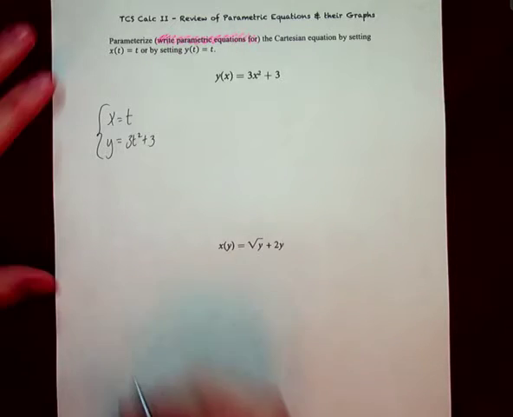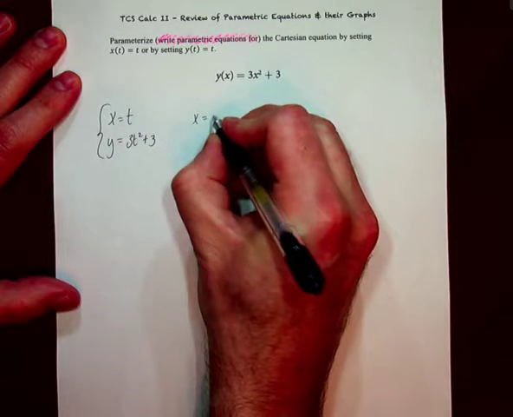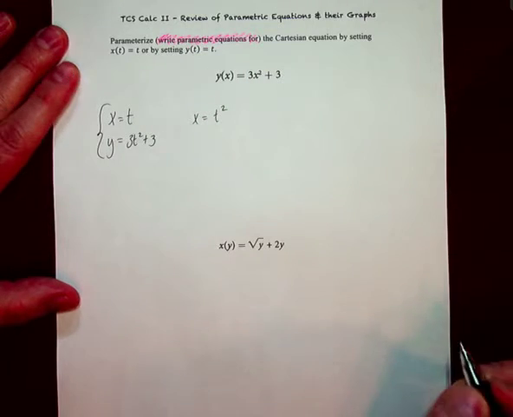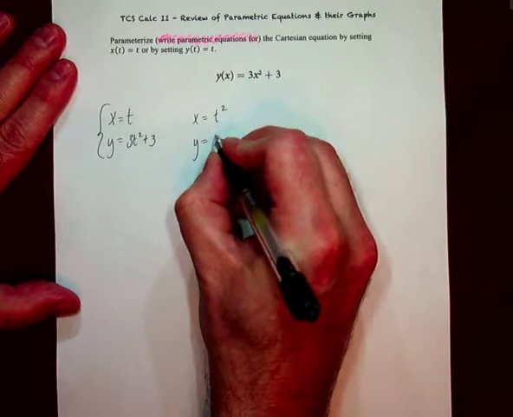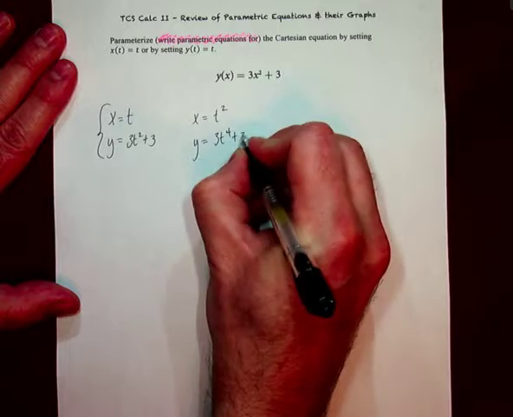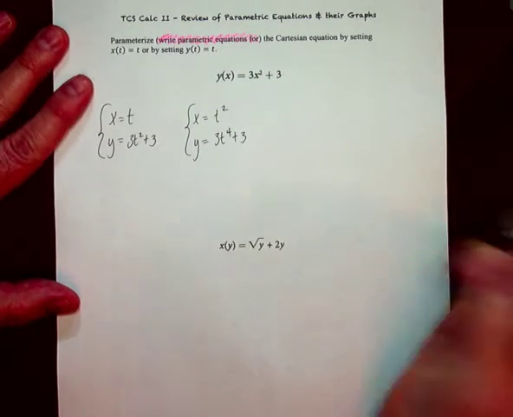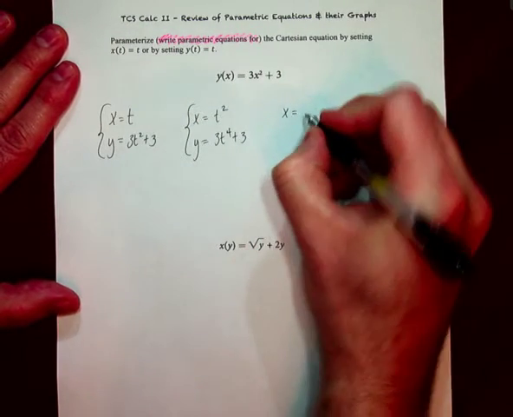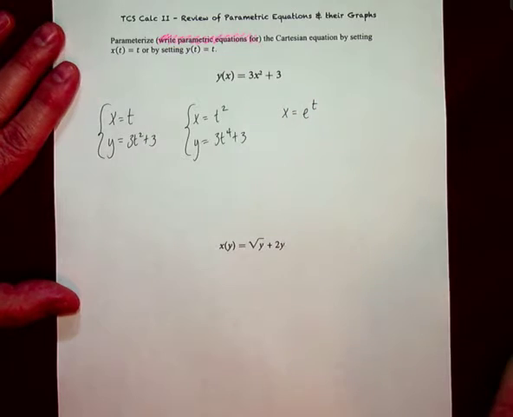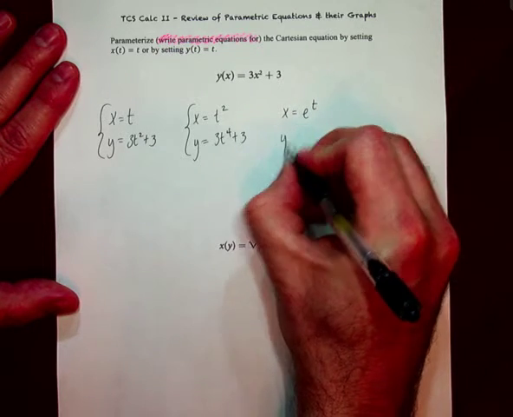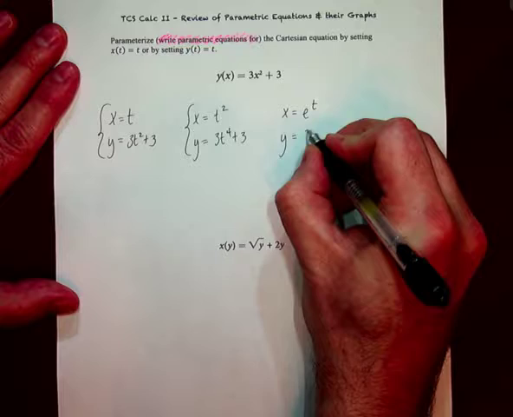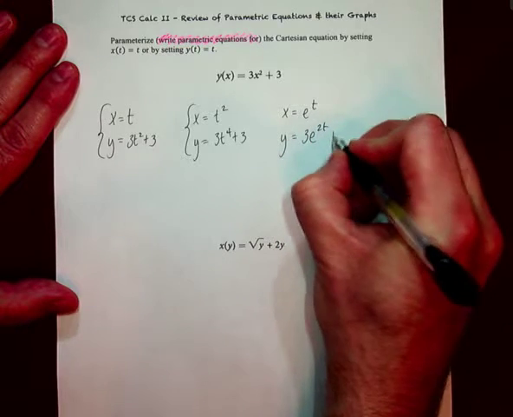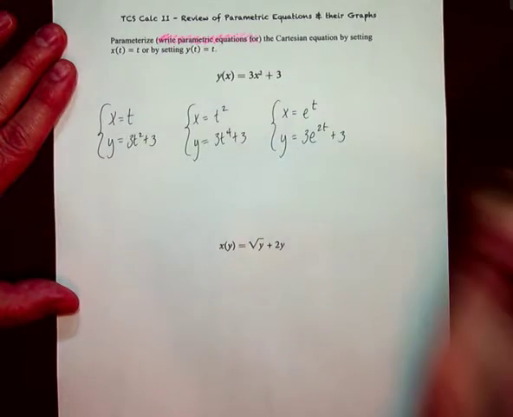Could x be equal to t squared? Sure, so long as y is equal to 3t to the 4th plus 3. Could x be equal to e to the t? Sure. You just have to make sure that y is equal to 3e to the 2t plus 3.